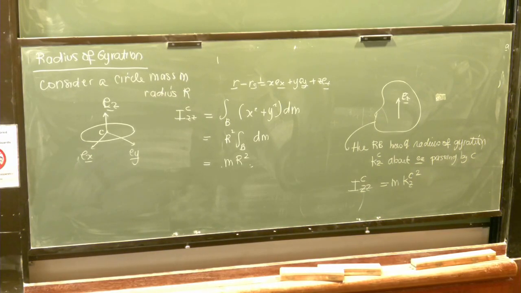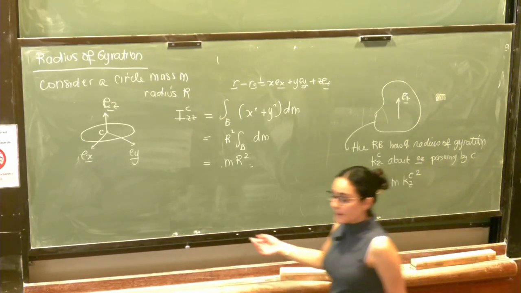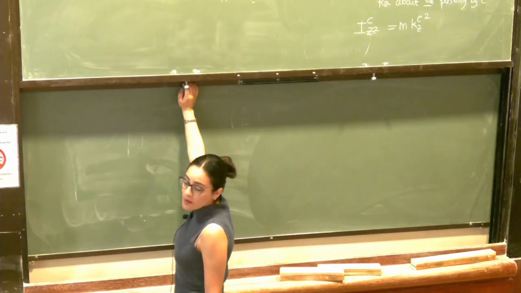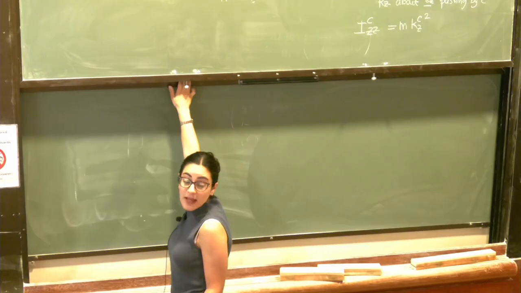Why do we call it a radius of gyration? Because it goes back to the circular hoop. And you could be given a radius of gyration about any direction, x, y, z.